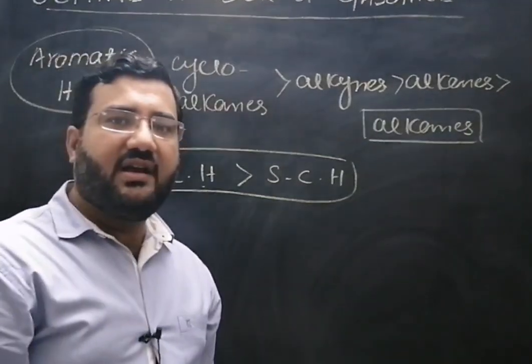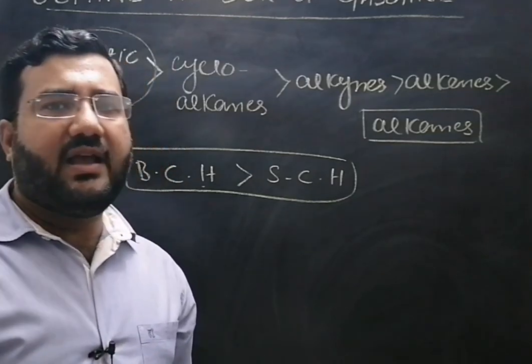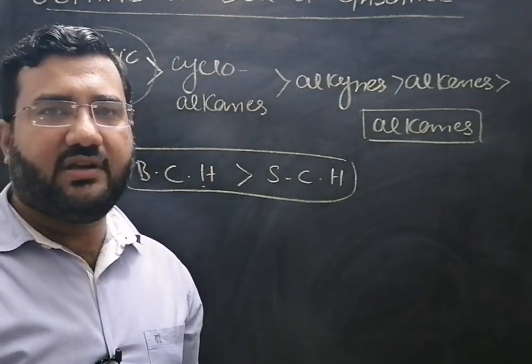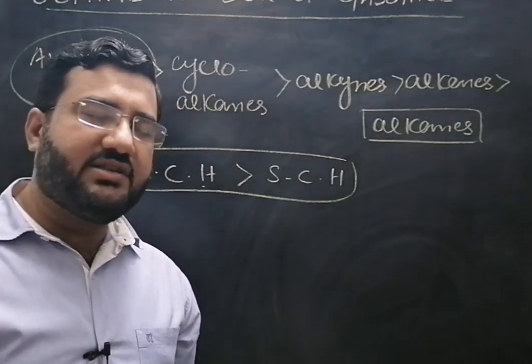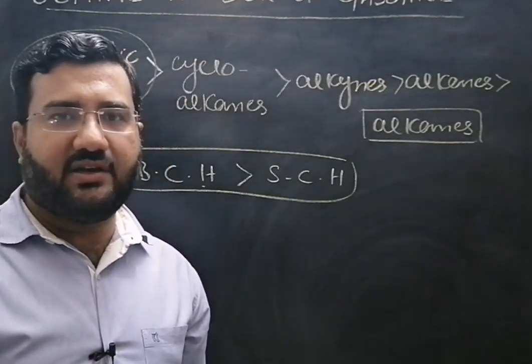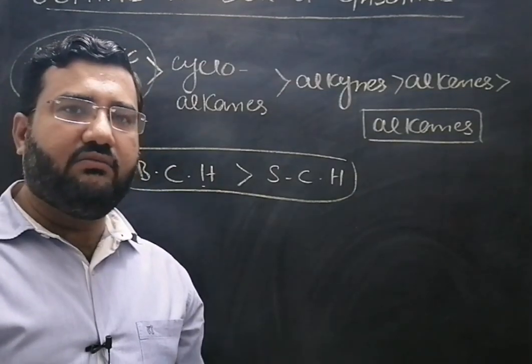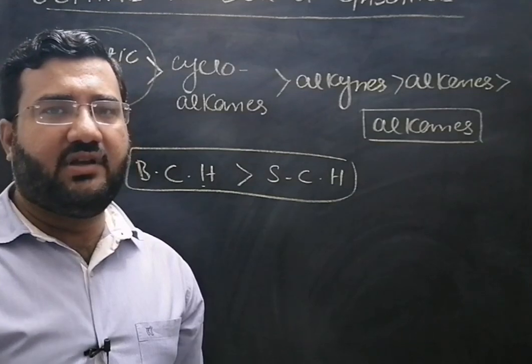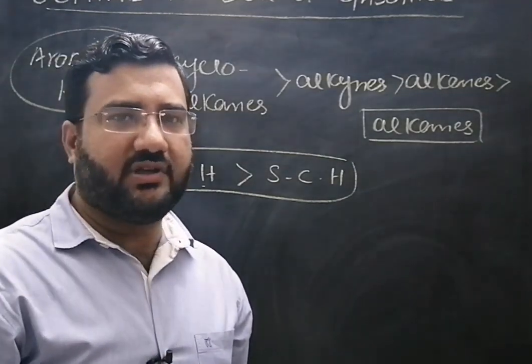So branch chain compounds are overall a better fuel as compared to straight chain hydrocarbons. That's why during reforming we changed the straight chain hydrocarbon into branch chain hydrocarbons to improve the octane number of the fuel and to minimize the chances of knocking in the engine of the vehicles. So this was all about the octane number.